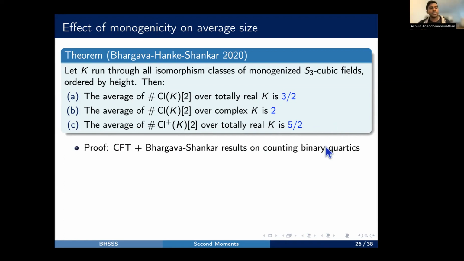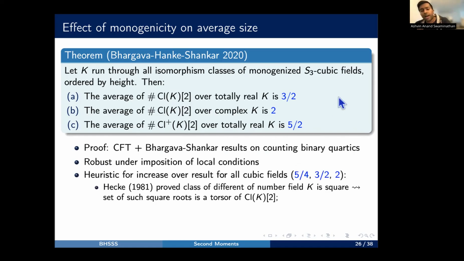The proof of this follows the class field theory approach, together with the Bhargava-Shankar results on counting orbits of binary quartics that they used for their two-Selmer result. This theorem is also robust under imposing local conditions. The average stays the same.